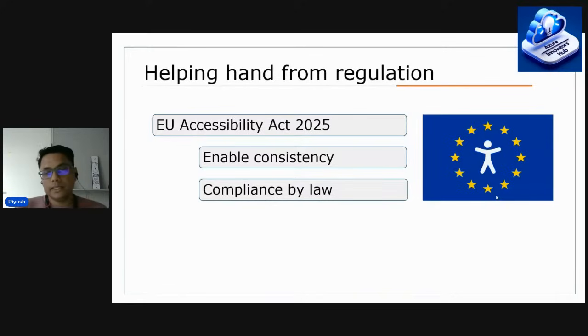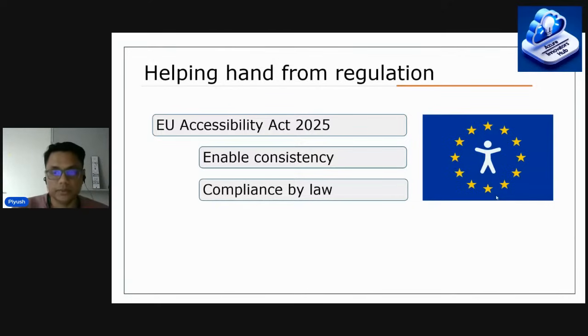So what that means is, if you are not compliant, if you're not accessible, then you can be fined. And the fine increases exponentially if you remain non-compliant. So that has a motivation of its own, that basically forces organizations to address the accessibility issues.